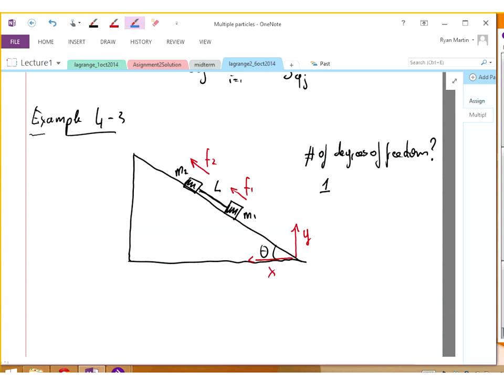And if we want to draw a position vector for each of the masses, call that R1 for the first mass and R2 for the second mass.